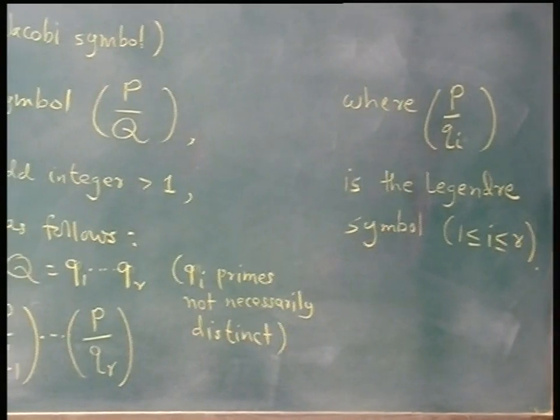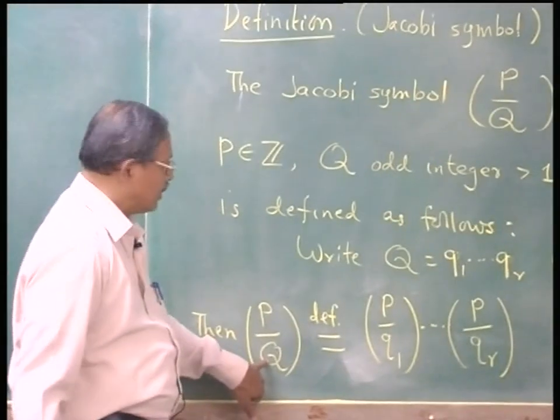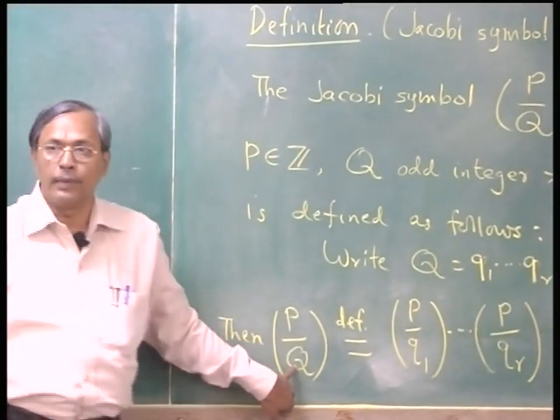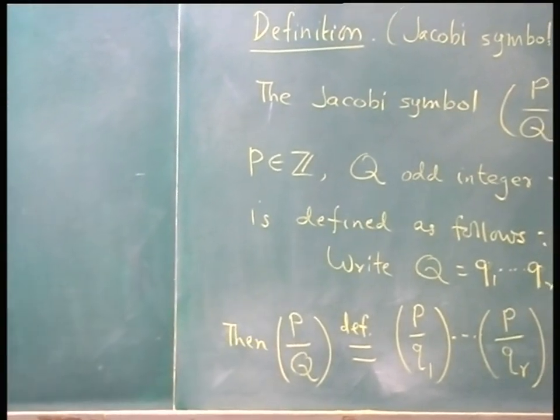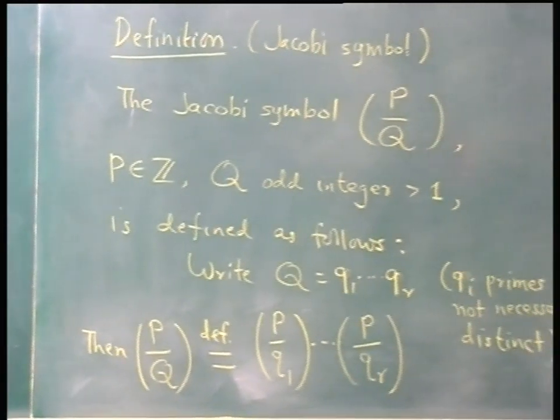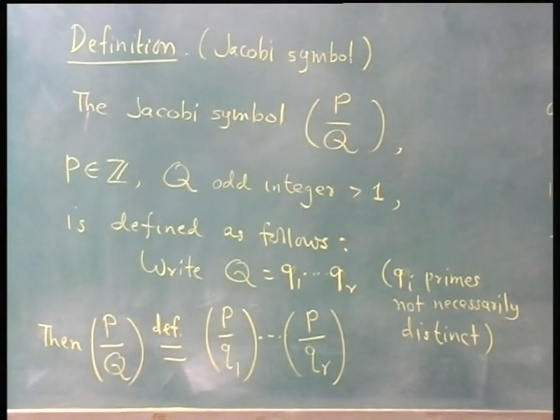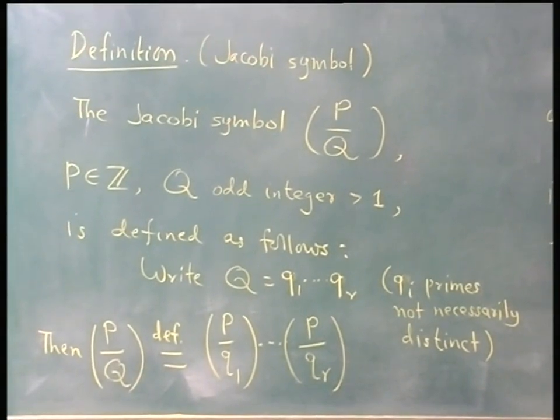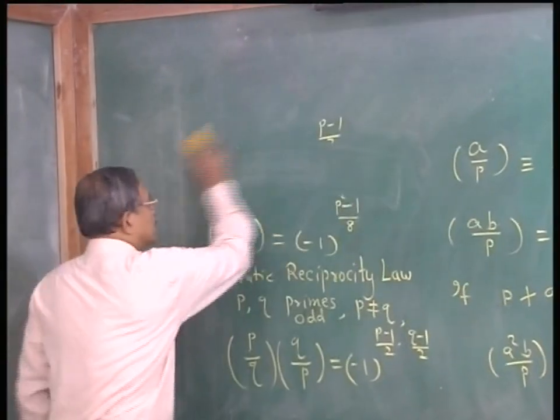Obviously, if Q itself is a prime number, then P by Q will be the Legendre symbol only. The Legendre symbol and the Jacobi symbol coincide.